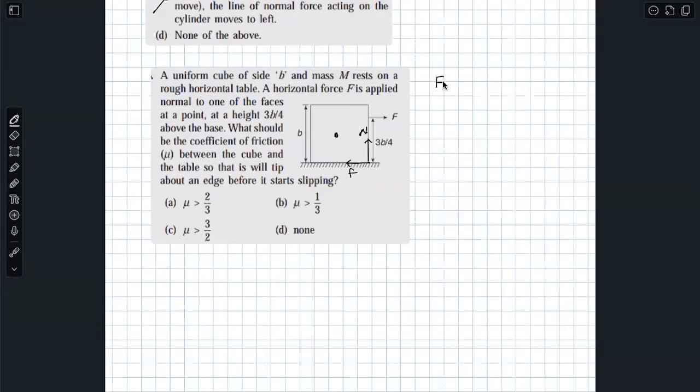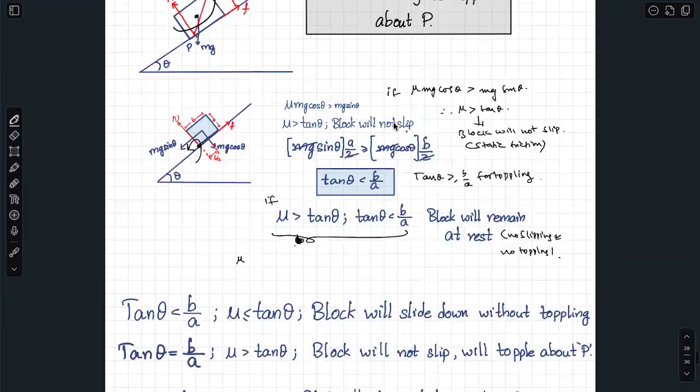And one more important point, almost this is the case. Please understand, the normal reaction is passing through this point actually. About this point, we have already derived this condition.